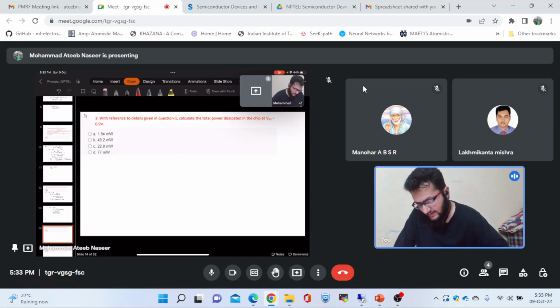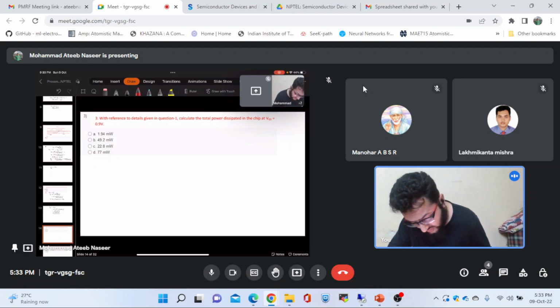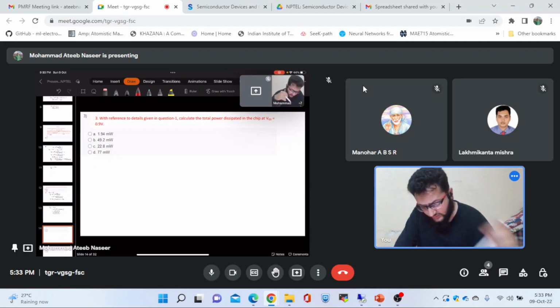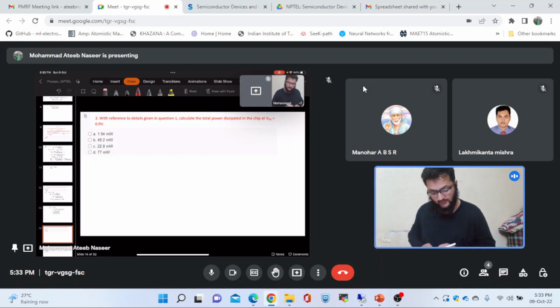Now there is another problem related to this same question. It says that with reference to the details that were given in question 1, we have to calculate the power dissipation. So in this problem, we have to calculate the power dissipation.